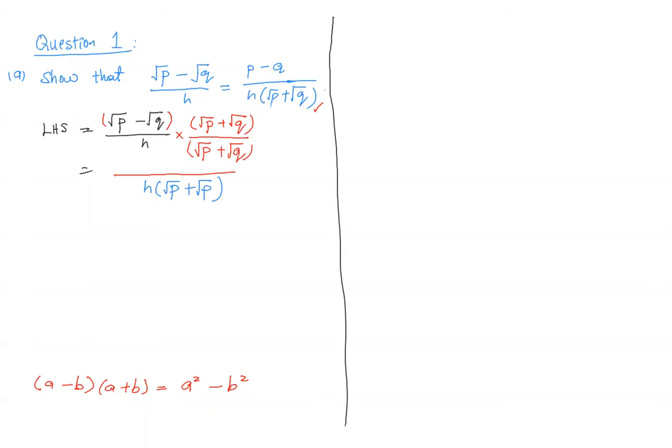So if we are talking about square root, if I have square root of a minus square root of b times square root of a plus square root of b, I will have square root of a, the whole thing squared, take away square root of b, the whole thing squared. Square and square root are inverse, correct? So I get back my original number. This is something that every one of you has to memorize. So you can straight away write down this is P minus Q. So done, I prove.